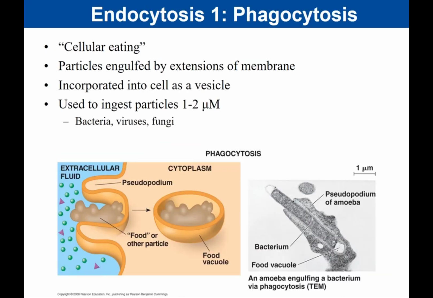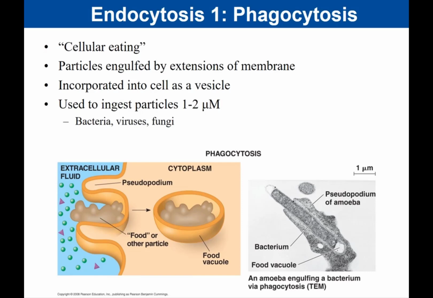Now, in contrast to exocytosis, which is how we get things out of the cell, endo refers to in, getting things into the cell. And so endocytosis is how we get large molecules or particles into the cell. One of the types of endocytosis is something referred to as phagocytosis. And in phagocytosis, you can think of this like cellular eating.